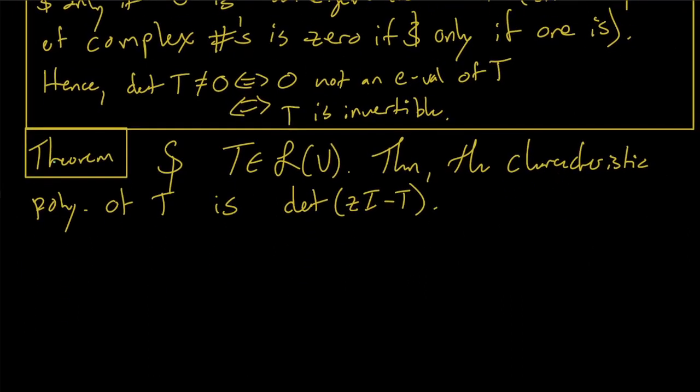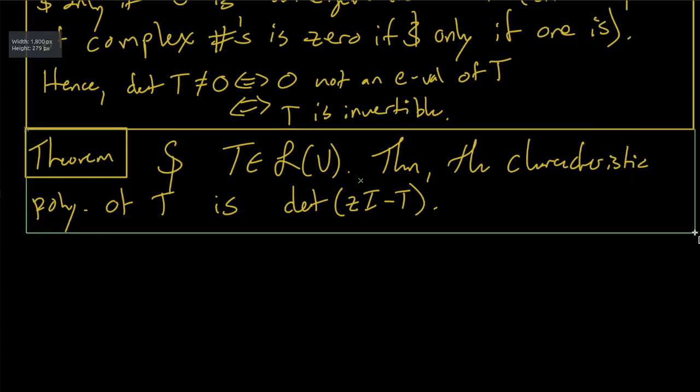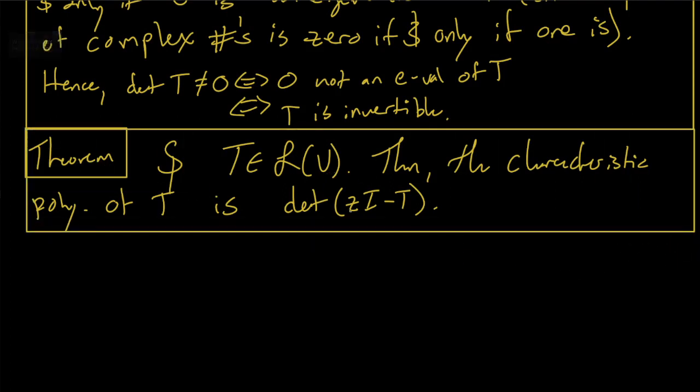Whoa. Okay, wait a second. This is cool. You can use the determinant to get the characteristic polynomial, and the characteristic polynomial gives you the determinant. Kinda neat. It seems like the characteristic polynomial has more information than the determinant. After all, the determinant is just one term in the characteristic polynomial, the constant term.